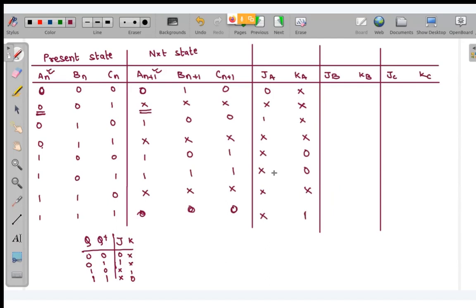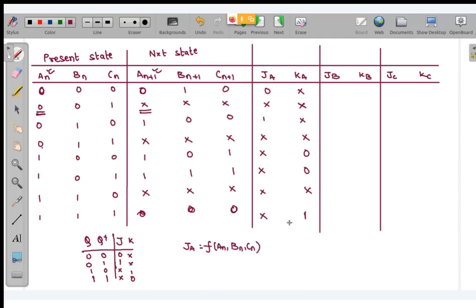Is this okay? JA, KA. Now I am not going to solve JA, KA, JB, KB, JC, KC. You need to tell me what JA is in terms of An, Bn, Cn. Similarly JB and KB.